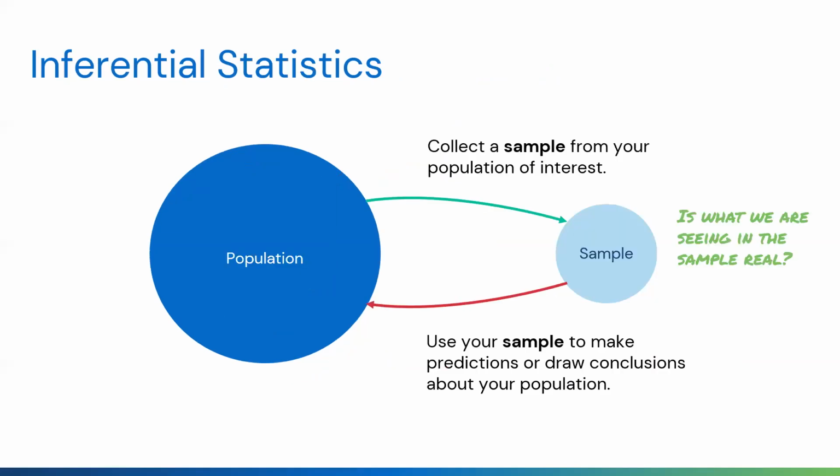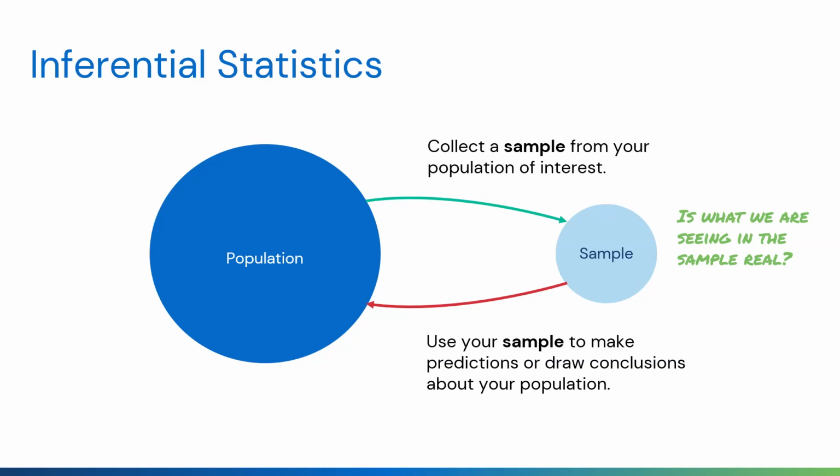All right, so in the previous lecture, we talked about descriptive statistics and how you can work from taking that sample and describing it. So once you've described that, let's look at the relationship between the sample and the population a little bit more. So we collect a sample using a data collection method of our choosing based on our study design from that population of interest. So your population of interest could be school children.